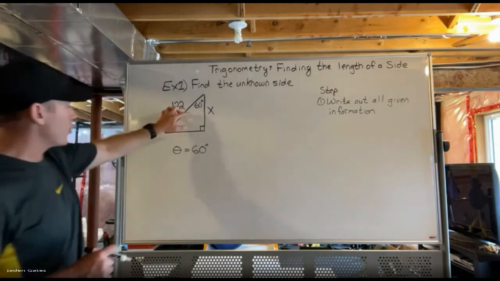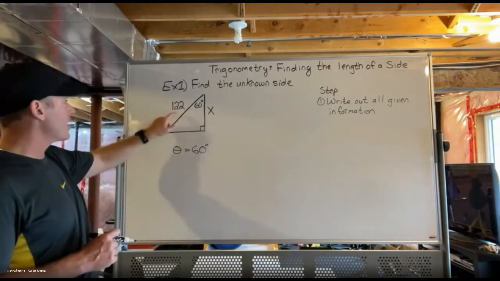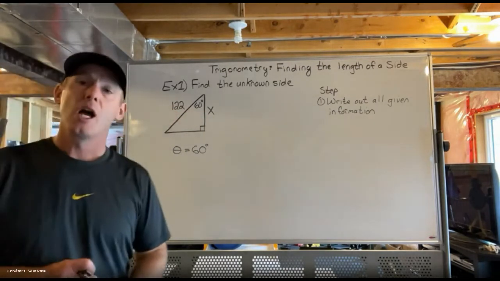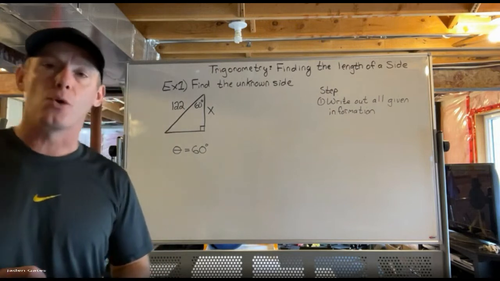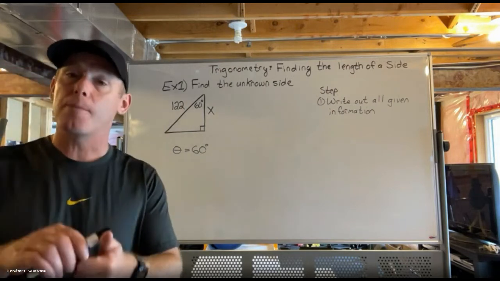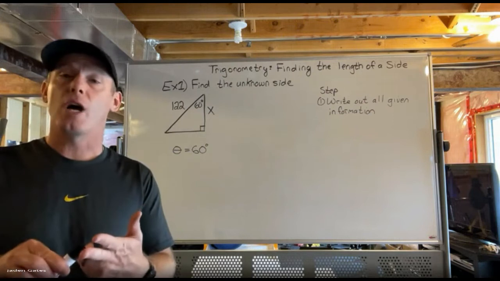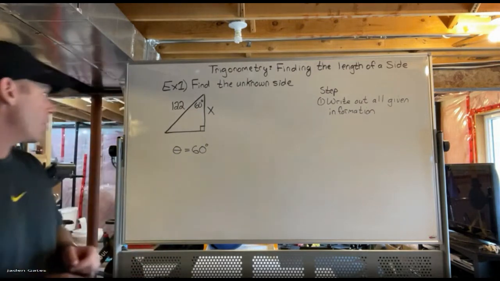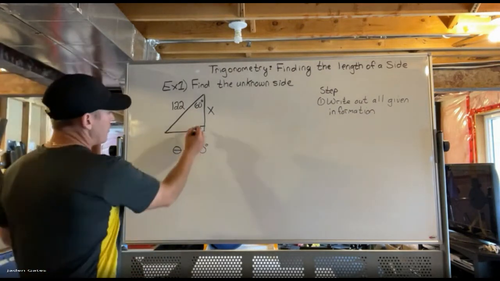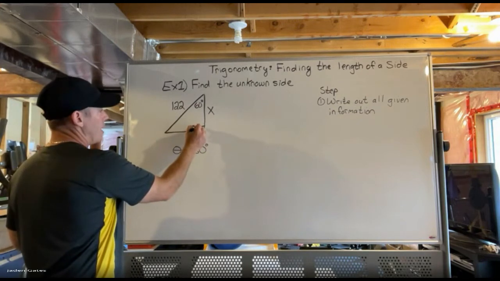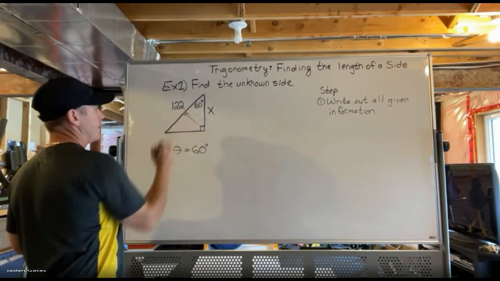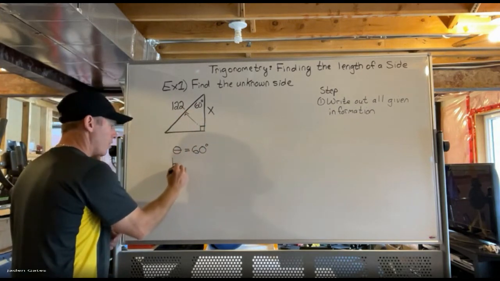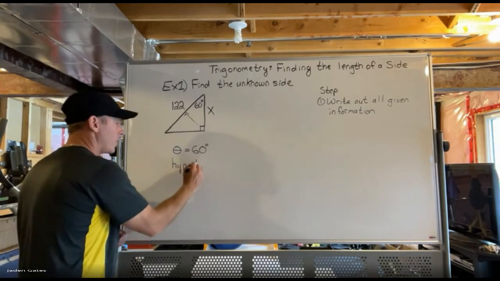Now, what I have to determine is I have a side x and I have a side 122. I have to determine which sides those are in terms of, are they the opposite, the adjacent, or the hypotenuse? All right, so first off, as I've mentioned many times, the easiest one to figure out is the one across from the right angle. That is your hypotenuse. It's 122.